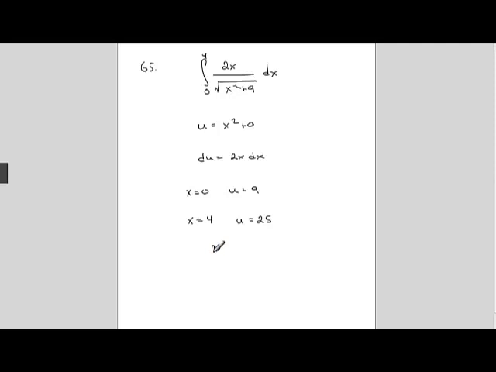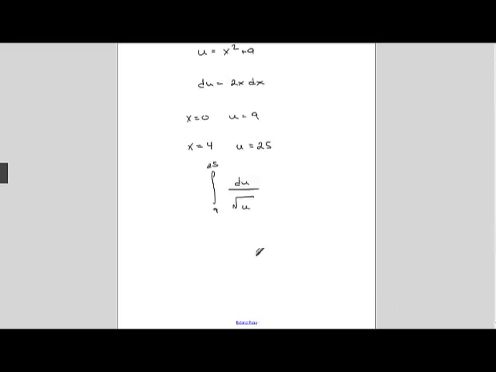So we can just rewrite the integral as the integral from 9 to 25 of du, which is 2x dx, divided by the square root of u. And of course that is the integral from 9 to 25 of u to the minus 1/2 power du.